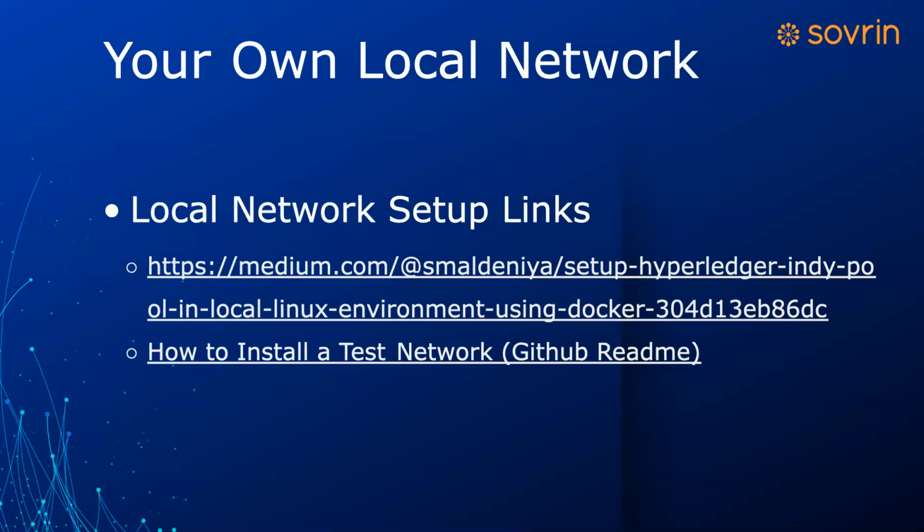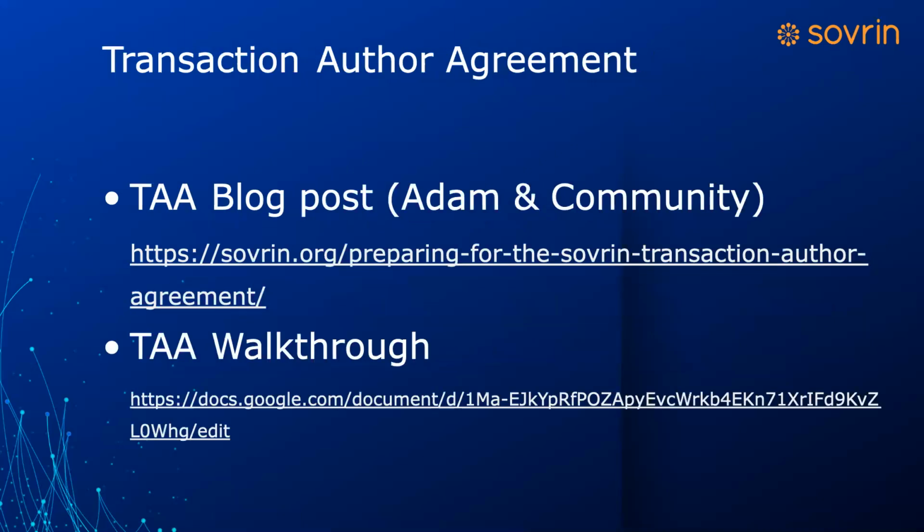If you don't want to set up your own local network, you just want to use our BuilderNet, one of our testing networks, to try this stuff out, some of those instructions will be in my presentation today as well. So we'll just dig right in, and item number one is the transaction author agreement.